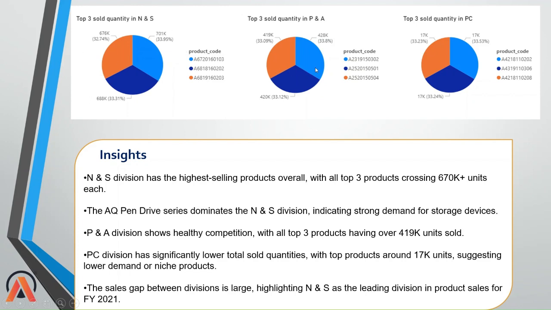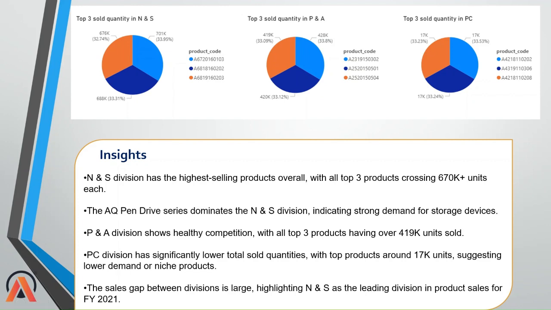P&A division shows healthy competition with all 3 products having over 419,000 units sold. PC division has significantly lower total sold quantities with top products around 17k units, suggesting lower demand or niche products.